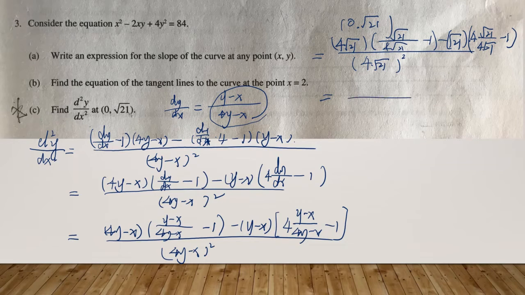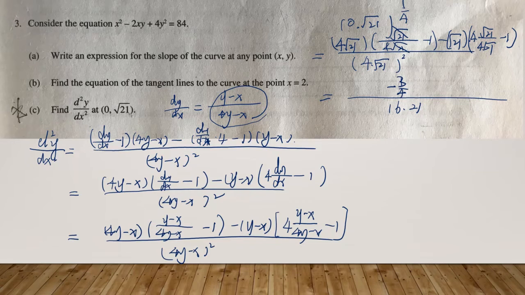Okay, simplified. So it's 16 times 21. That is the denominator. And the square root of 21 we cancel out, so it becomes 1 over 4. 1 over 4 minus 1 is negative 1.